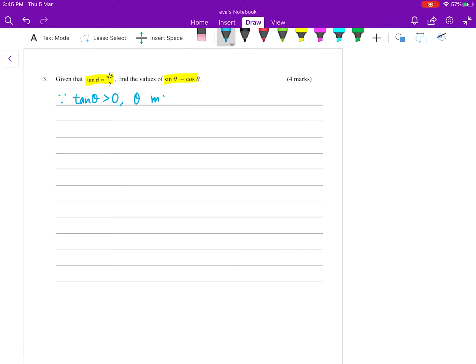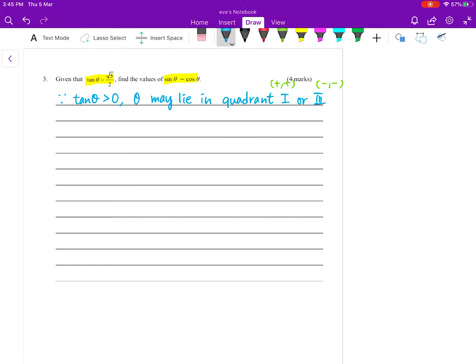So theta may lie in quadrant 1 or quadrant 3. Quadrant 1 is positive, positive, and quadrant 3 is negative, negative for x and y. We don't have extra information, so we cannot know whether it is in quadrant 1 or quadrant 3. Therefore, we have to answer both cases.